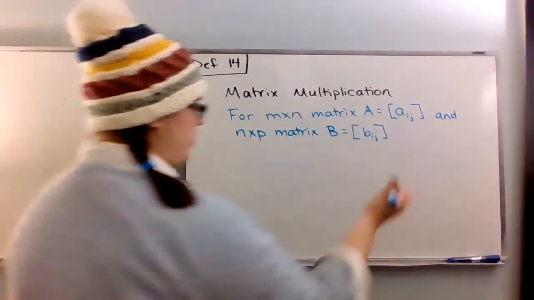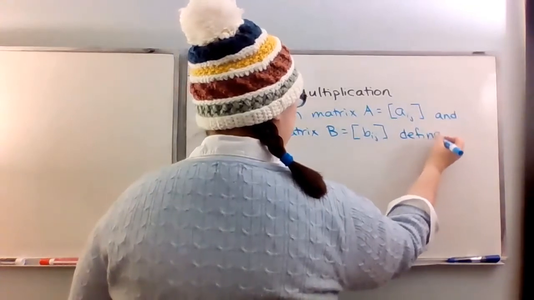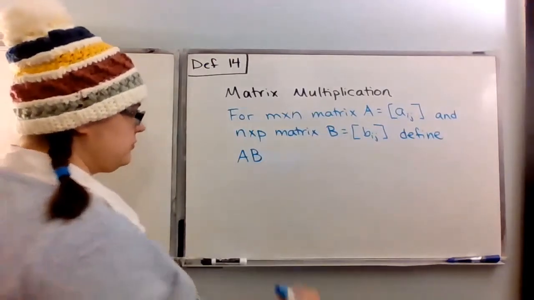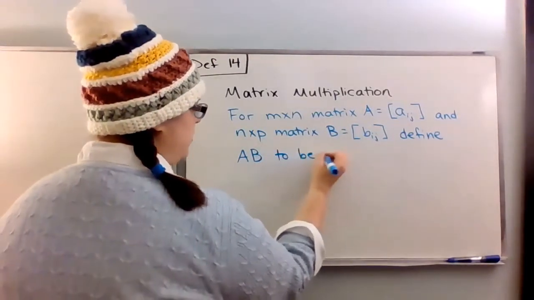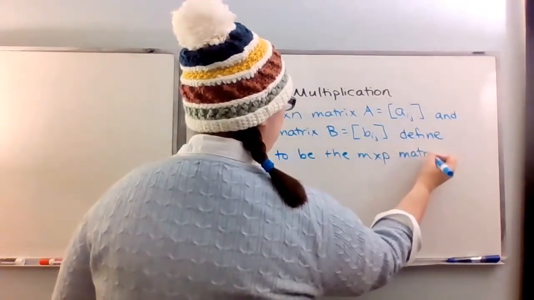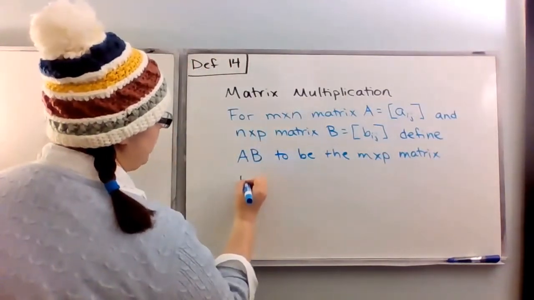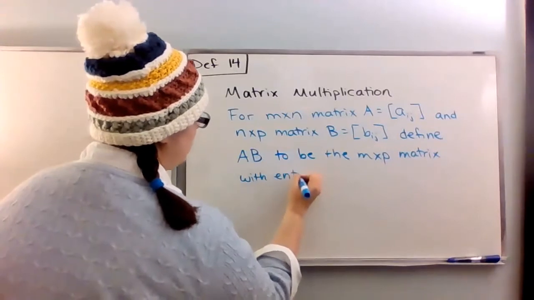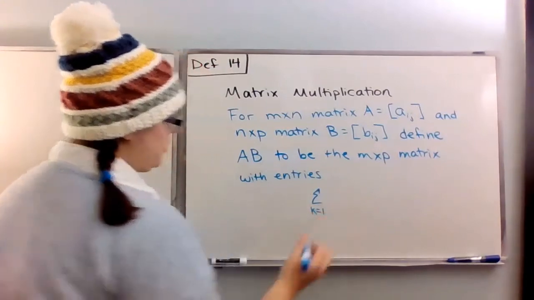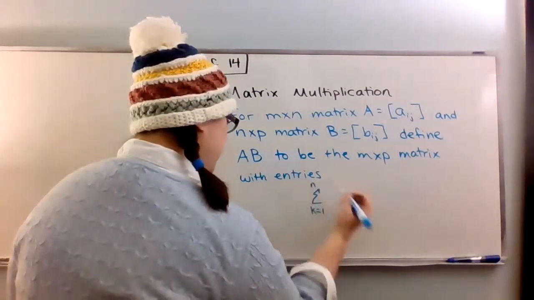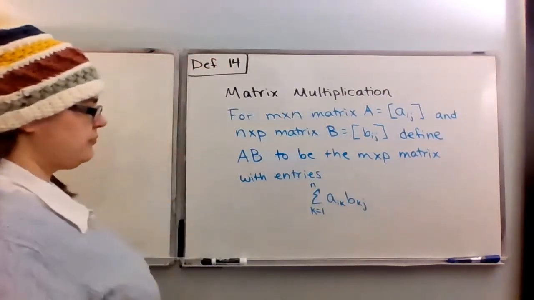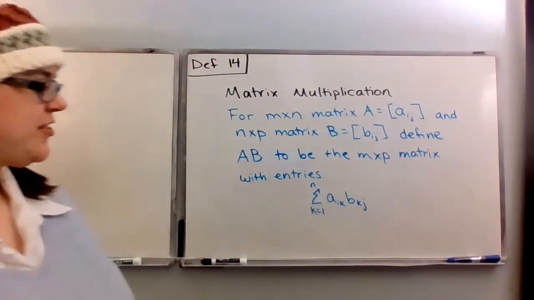Then we're going to define AB to be the m by p matrix with entries the sum from k equals 1 to n of Aik Bkj. There we go.